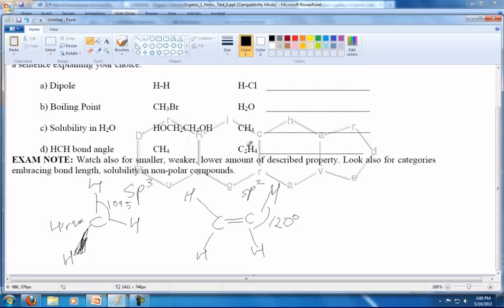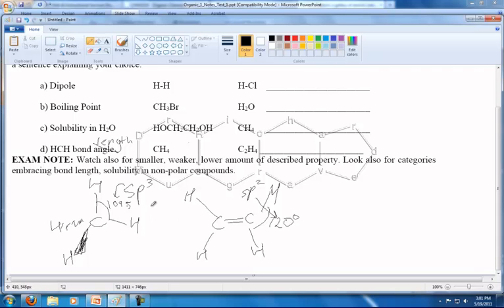The reasoning you would use is that sp3 is 109.5 and sp2 is 120 degrees. Now let's say we change this question and we talk about bond length, and you're asked which one has the greater bond length.